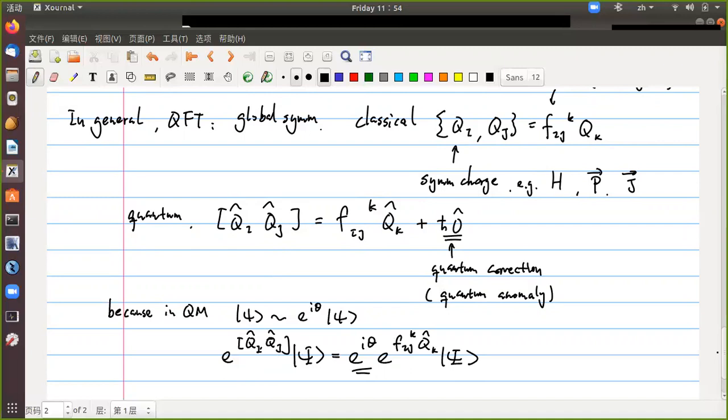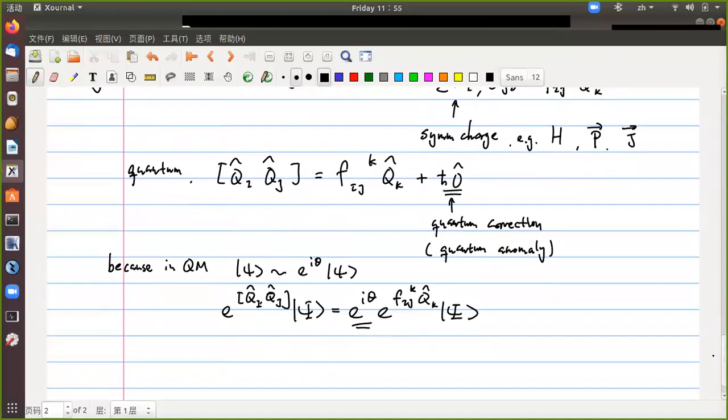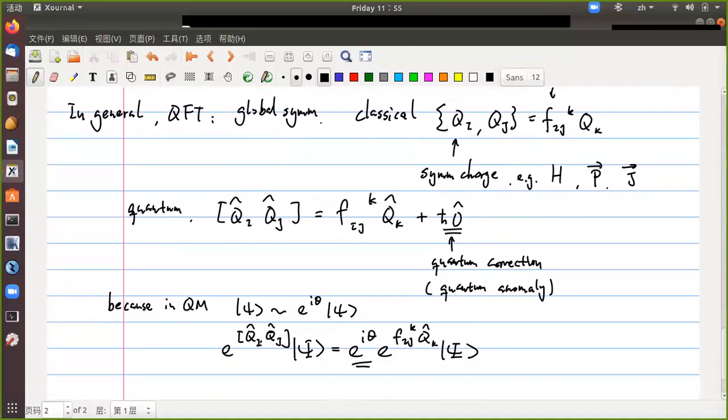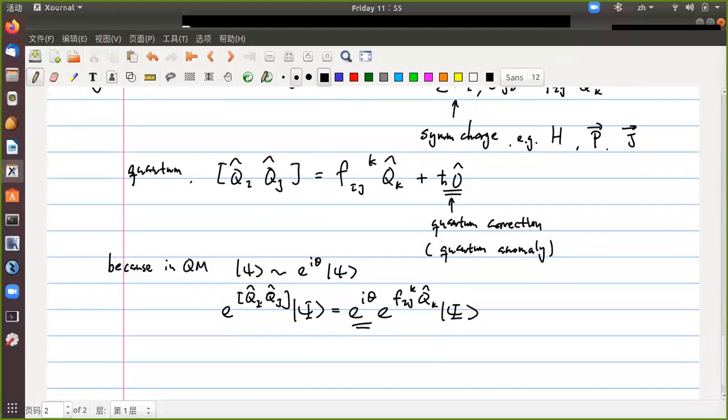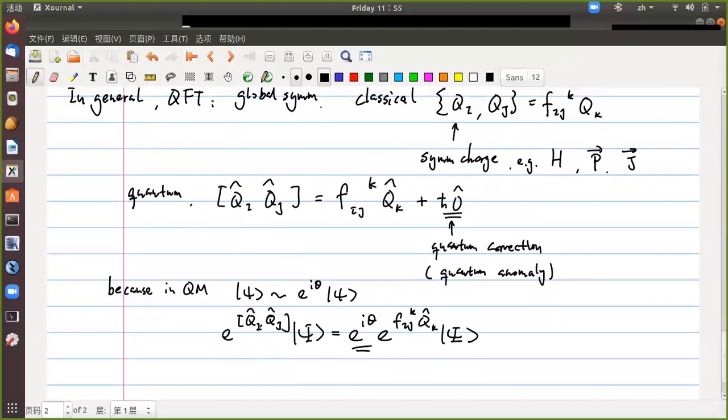So this is the quantum mechanical origin of symmetry anomaly. In many quantum field theories people have discovered this kind of quantum anomaly, and even in experiments and phenomenology, people already understand this kind of symmetry anomaly.